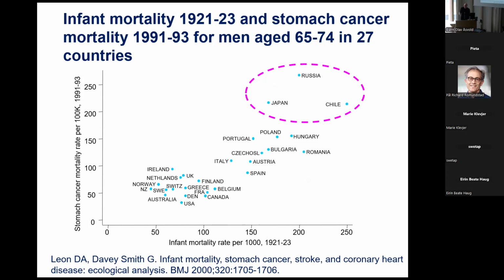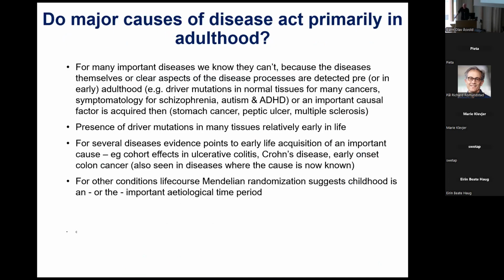Most of them are still very old studies, and people don't do those sorts of studies very much anymore. For other conditions, life course Mendelian randomization suggests childhood is the important etiological time period. For those of you who can bear more, I'm going to talk about Mendelian randomization after.